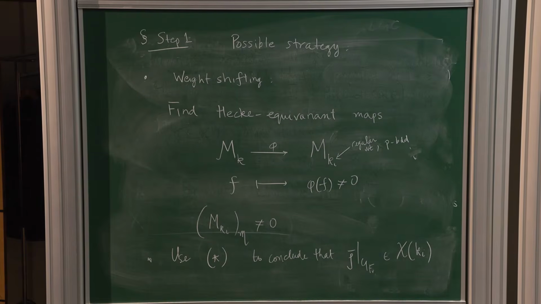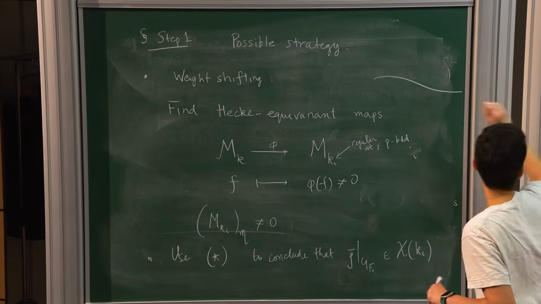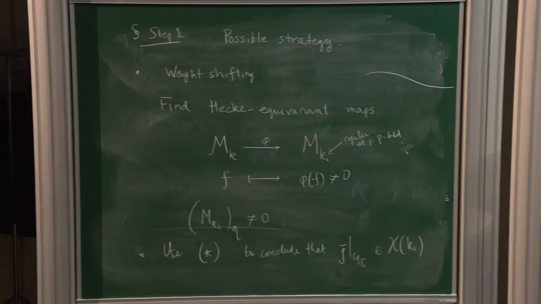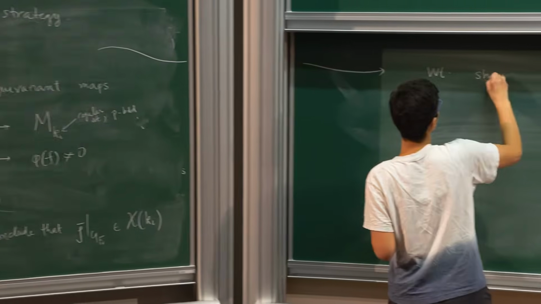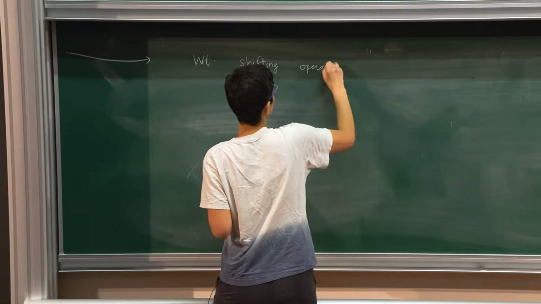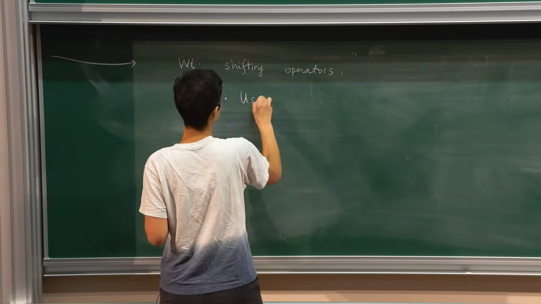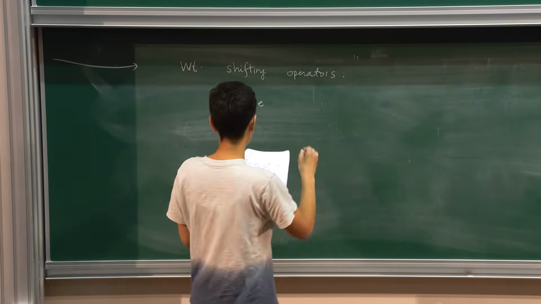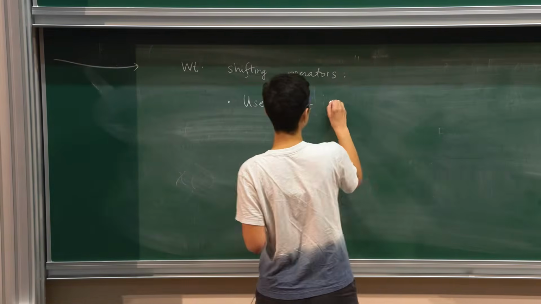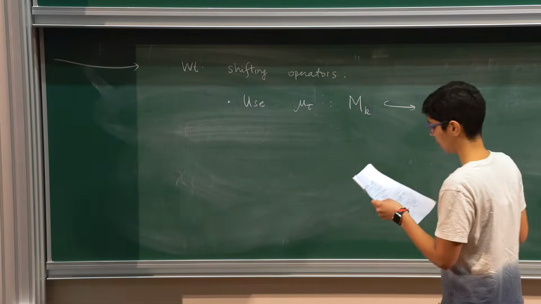Okay, so for this first step, we use certain weight shifting operators. So a classic one is multiplication by partial Hasse at tau, which comes from the Verschiebung map, and it gives us an injective, Hecke equivariant map.